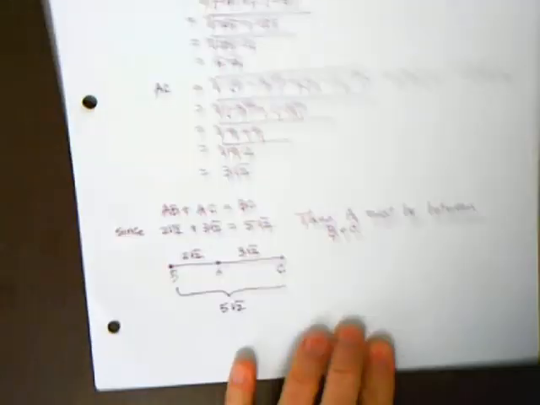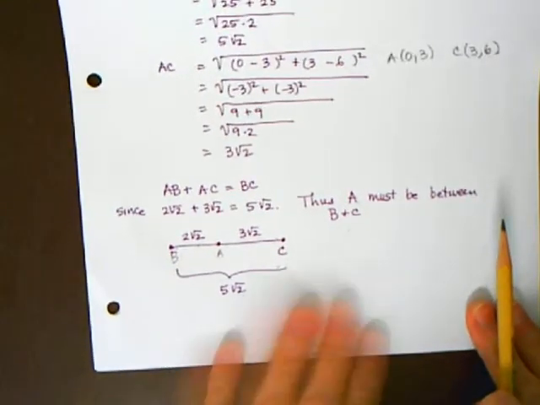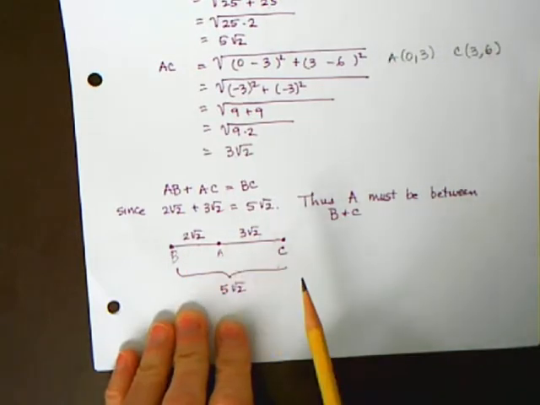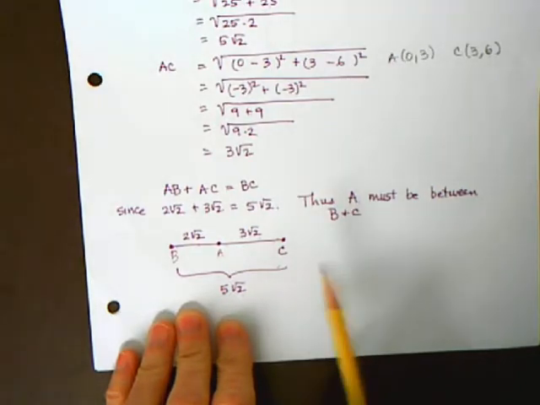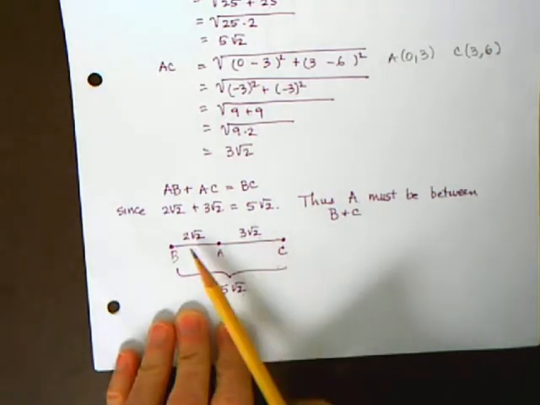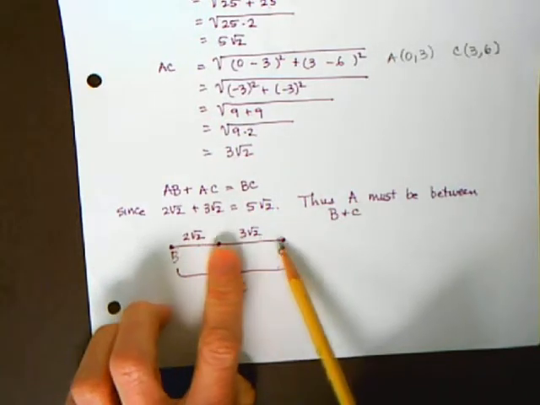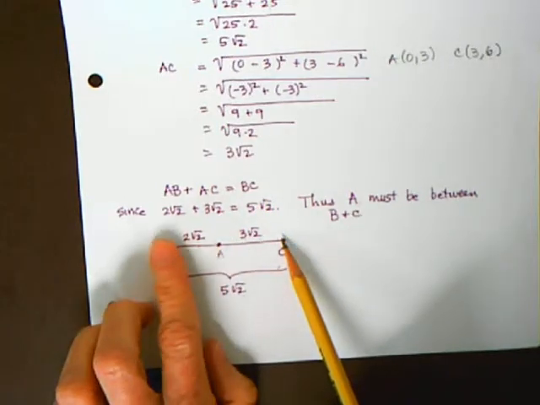Well, if they're collinear, then that means they lie on a line, and one point is between the other two. Now, at this point, we don't know which point is between the other two, but I would like to say that this distance here between 2 points plus this distance here equals the whole thing.